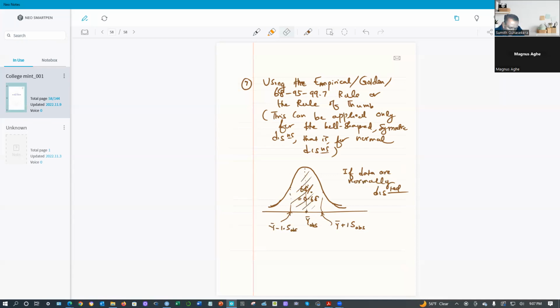Within that, you have 68% of the data falling within one standard deviation. If it is two standard deviations, 95% of the data is gonna fall within, 0.95.